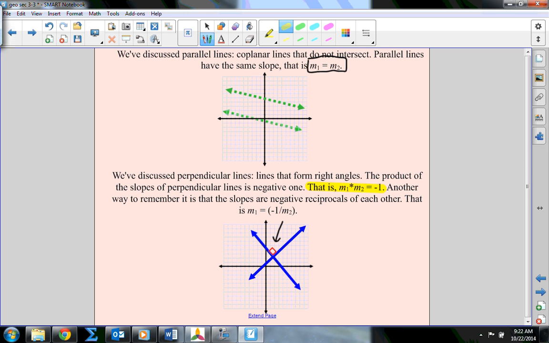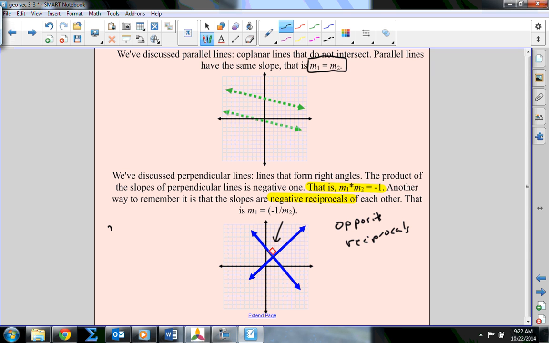That's not how I always remembered it. I always remembered it as being, this says negative reciprocals. It's probably not the best terminology. A better way to say it would be opposite reciprocals. But what you do is you flip it and change the sign. That's a better term, opposite reciprocals.